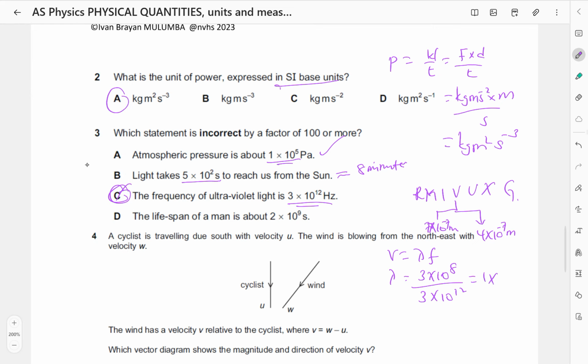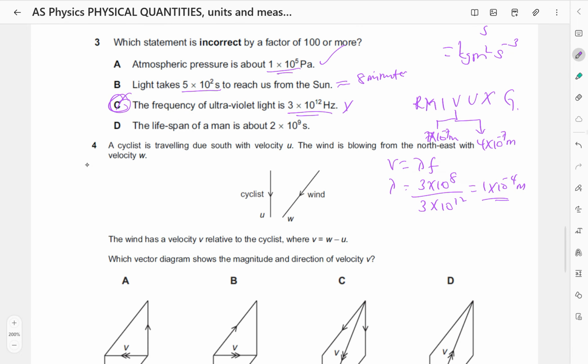So that means this is not a reasonable estimate. It is incorrect by a factor of more than 100. Actually, the factor could be 1,000.